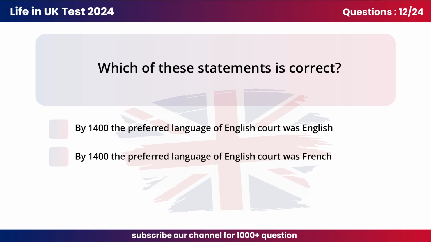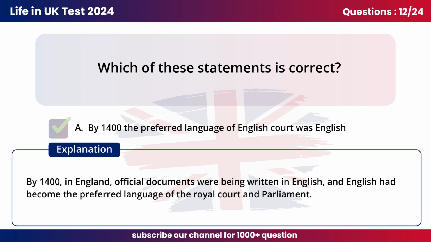Which of these statements is correct? A. By 1400 the preferred language of the English court was English. By 1400, in England, official documents were being written in English, and English had become the preferred language of the royal court and parliament.